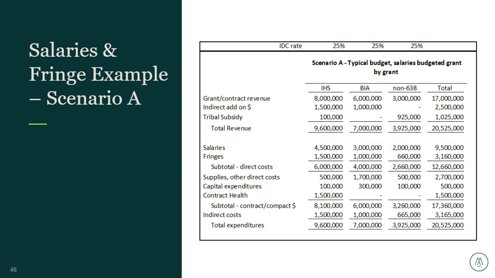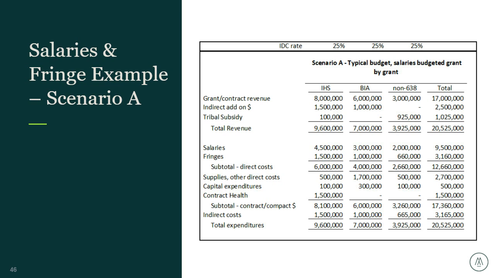In this scenario, we have three columns, different columns for different programs. The first two columns will be Indian Health Service, then second BAA. Two of those are under Public Law 93-638, and then one column for non-638 program. We consider using salaries and fringe benefits as a direct cost base.